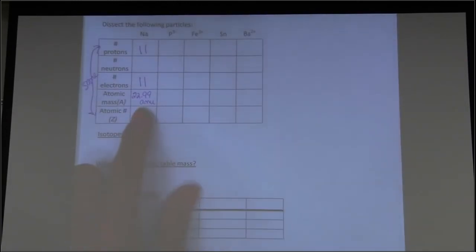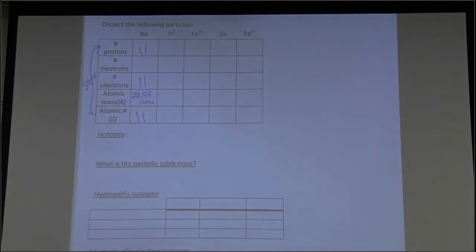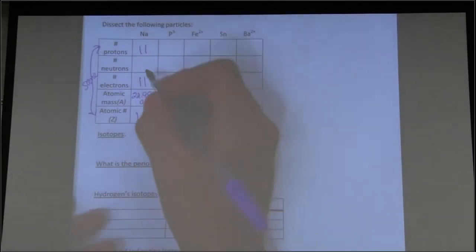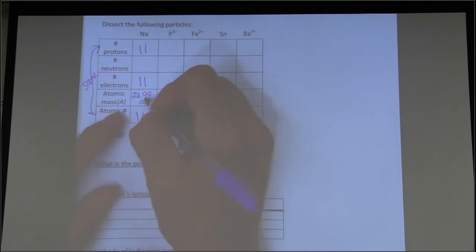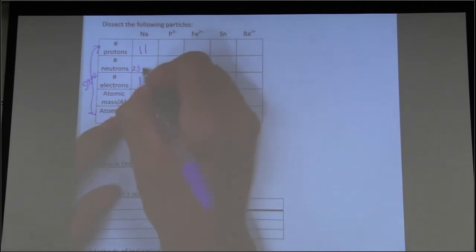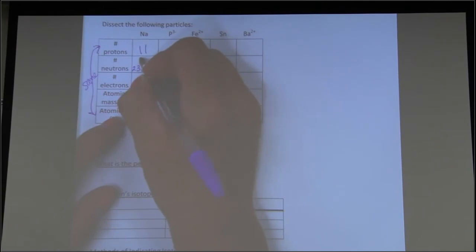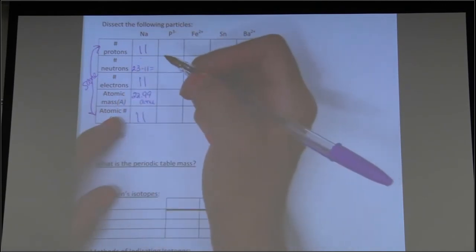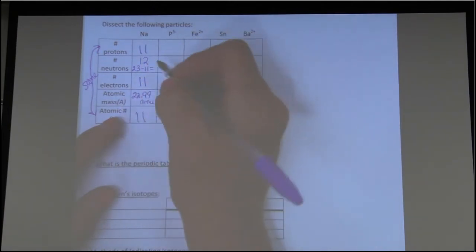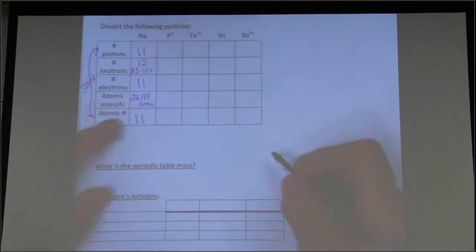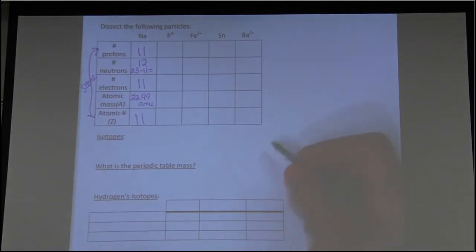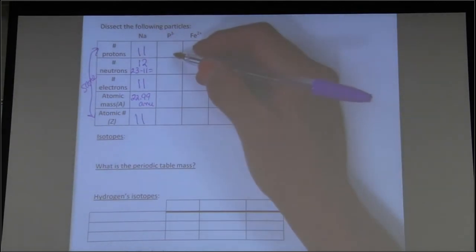All right, so it's 22.99 AMU. That means neutrons, we're going to round this to a whole number, and that's 23 minus 11 is what? How many neutrons? Come on, 23 minus 11. 12? I hope. Okay.